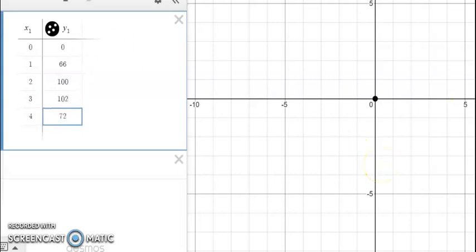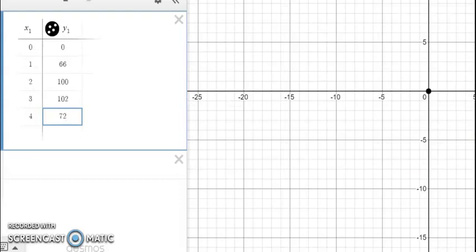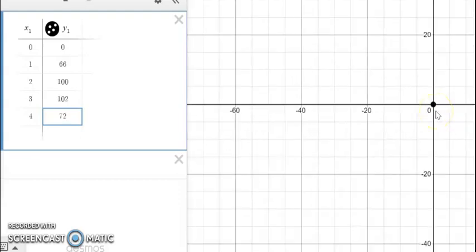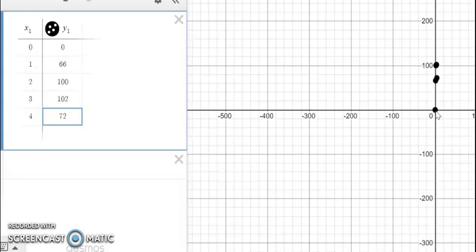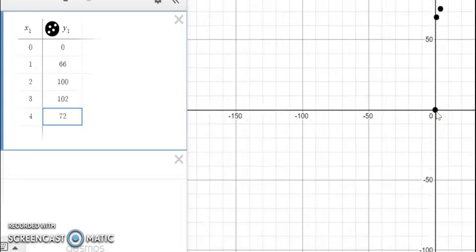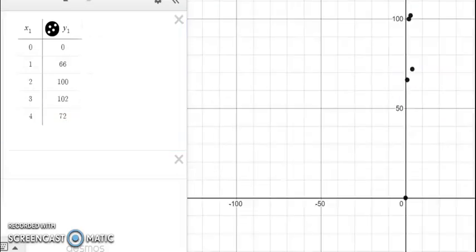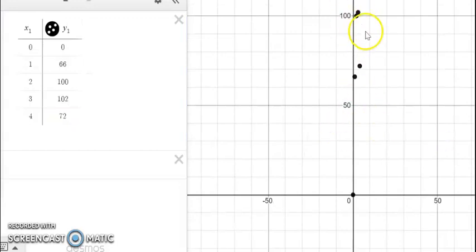What I want you to see are where your dots are. Let's look at our dots. We'll pull this down so you can see it. They're kind of weird looking, so make sure I wrote everything correctly.